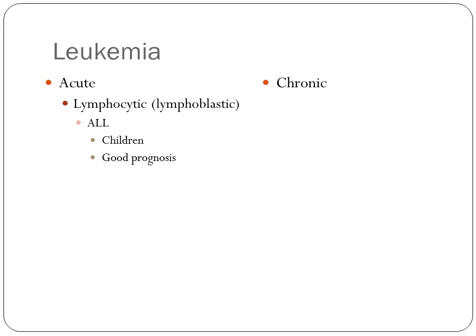So if we look under the acute type, acute lymphocytic or lymphoblastic leukemia is abbreviated ALL. In general, your acute types of leukemia are going to have a poor prognosis, but not necessarily very poor.